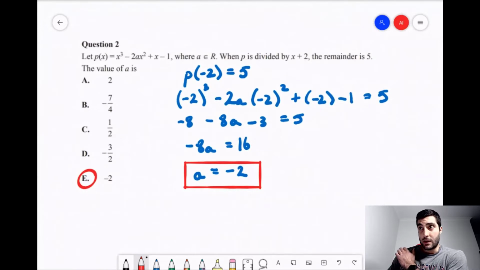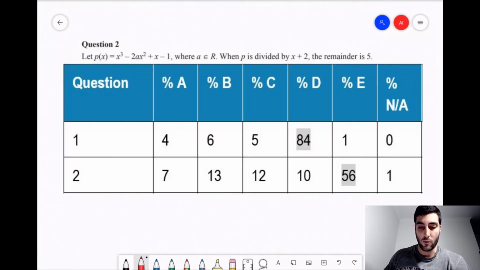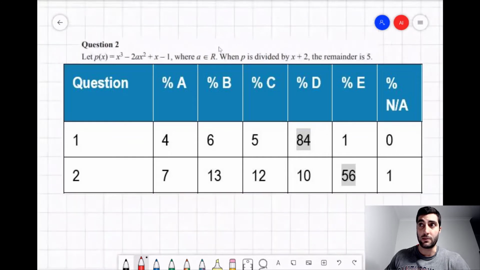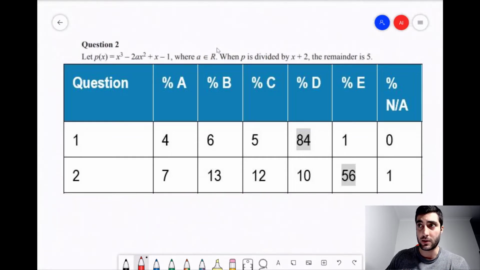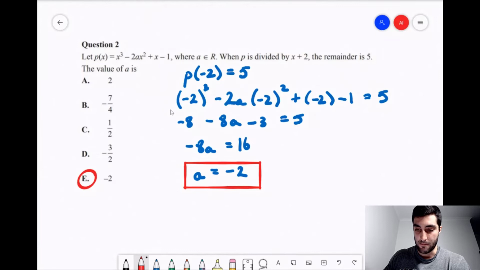If we look at the examiner's report, for question 1, 84% of the people answered it correctly. Question 2, 56%. So it's interesting to see, question 2 is relatively straightforward. Hopefully most of you find it that way. And yet only around half the people answered it correctly. So you just have to be careful that you don't make silly mistakes along the way.